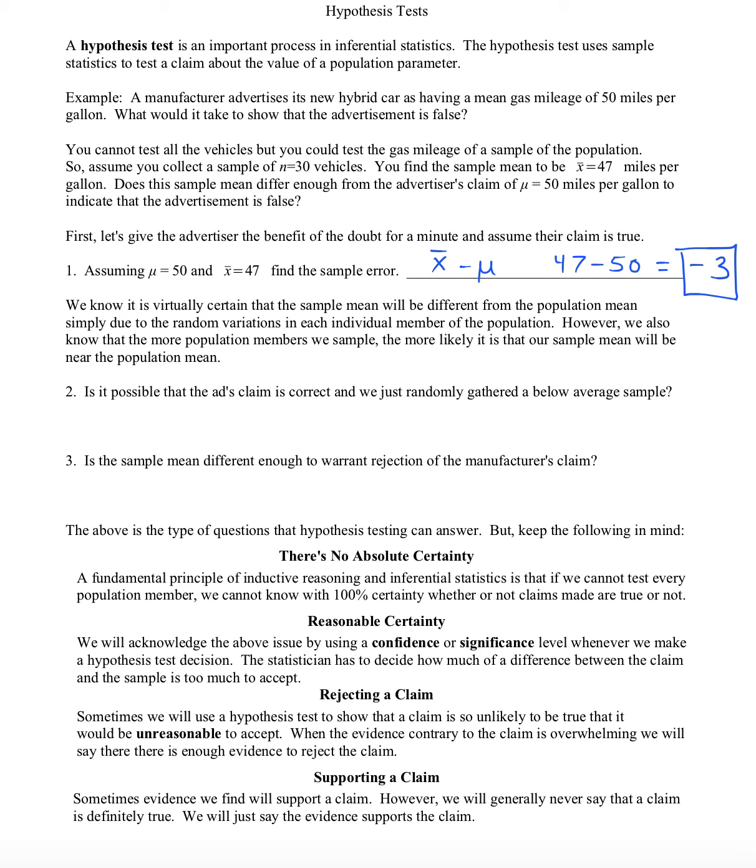Is it possible that the ad's claim actually was correct, and we just got a lower than average sample by chance? Mathematically, we have to concede the possibility that that is the case. It is possible.